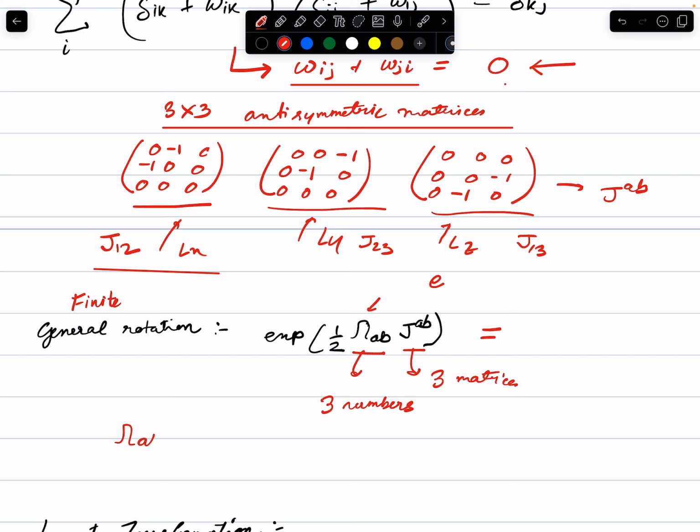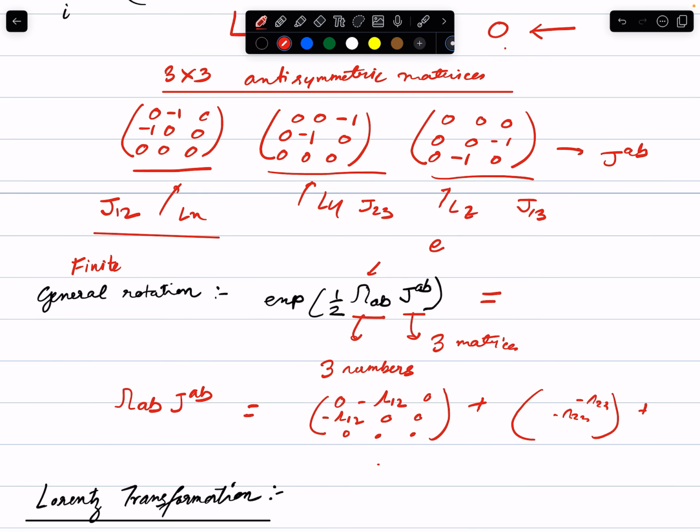So sigma_AB J_AB is just three numbers: sigma_12 multiplied by the matrix with 0, minus 1, 1, 0 and everything else 0, plus similarly another number, sigma_23, and so on. This whole thing is a matrix, and when I exponentiate this, that is also a matrix, and that gives a finite rotation.